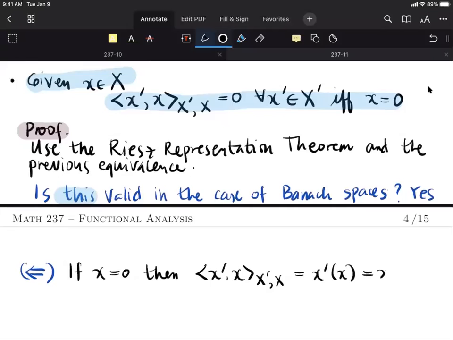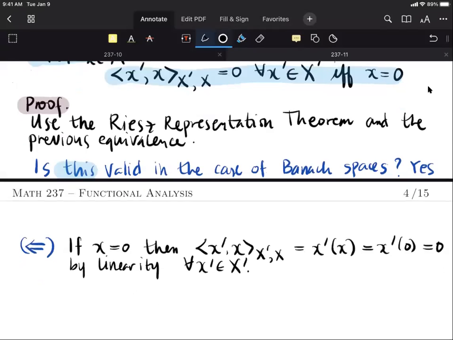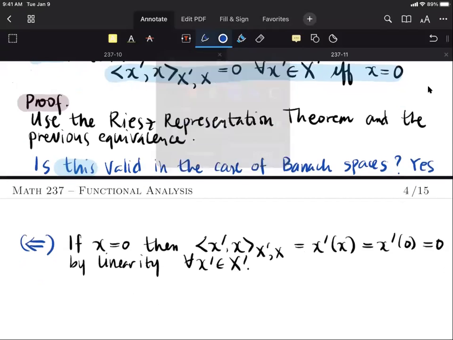So this is x prime of 0, and this is 0 by linearity. And this is valid for all x prime in the dual space. So that's the straightforward part.